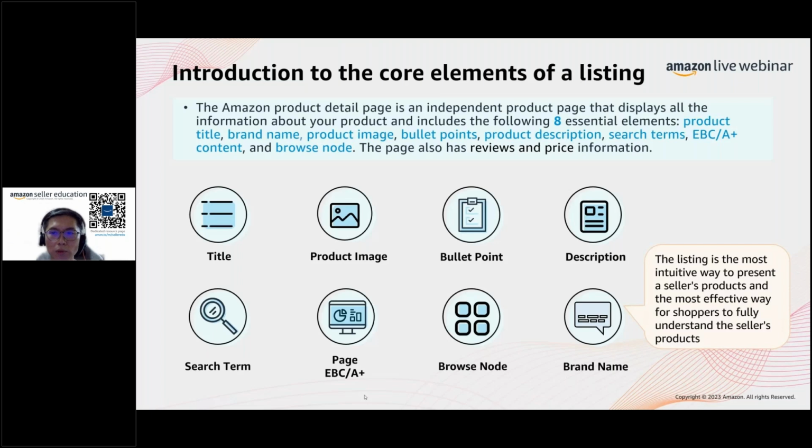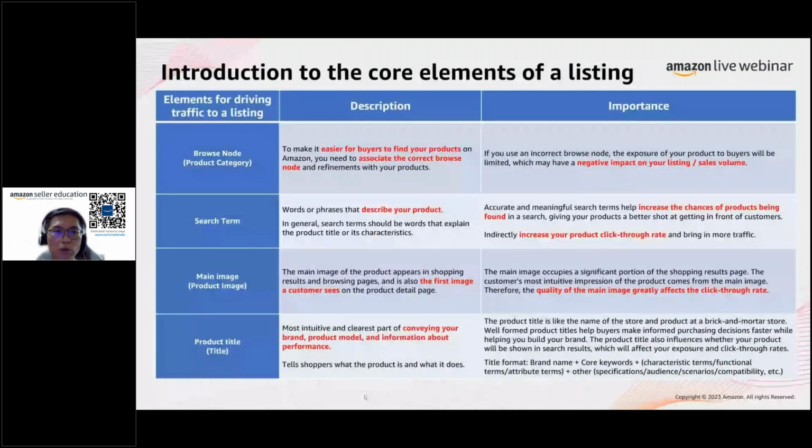Next 2 slides, I'm going to share the key things and their importance. The red ones are the ones you need to focus on. The browse node makes it easier for your buyer to find your product, but you need to associate it with the correct browse node. Later, if we have time, I may also tell you how to change it if you realize the browse node is incorrect.